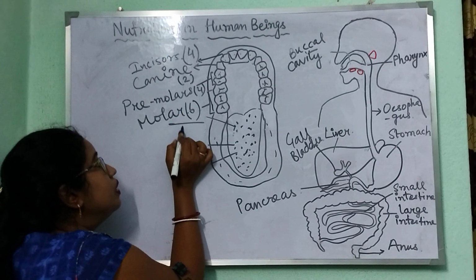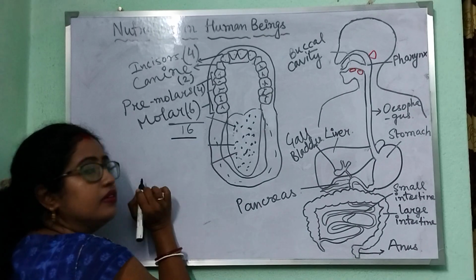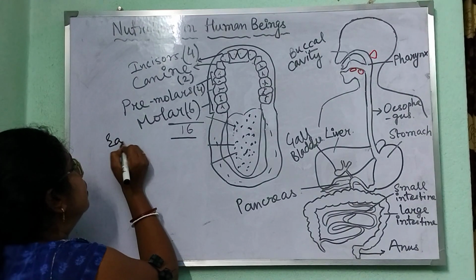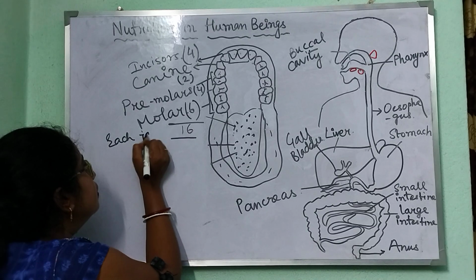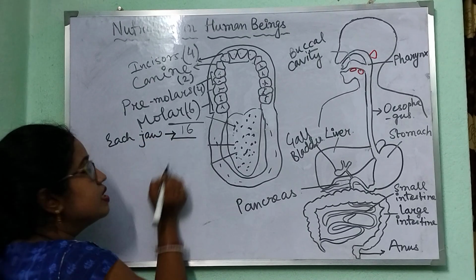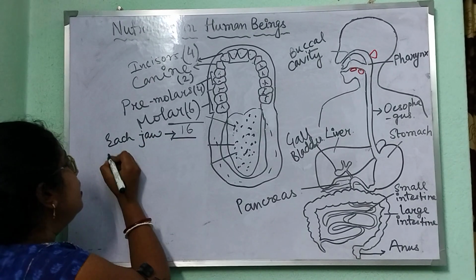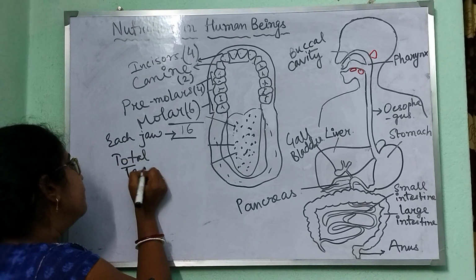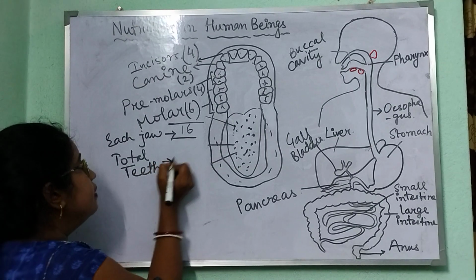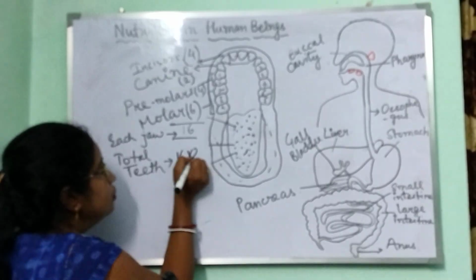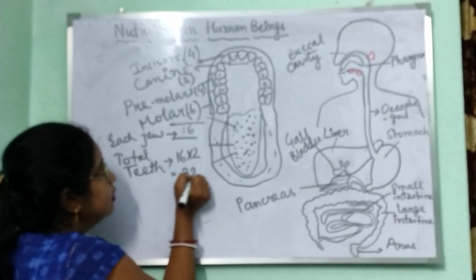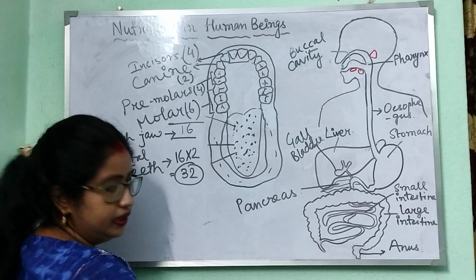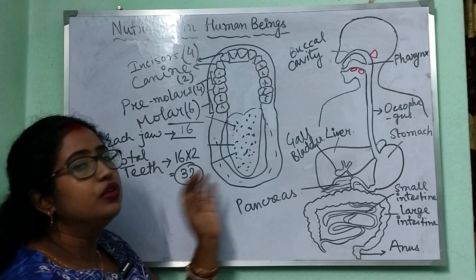So there are a total of 16 teeth in each jaw. If we calculate the total teeth number, we have 16 into 2, that is 32 teeth in both jaws.